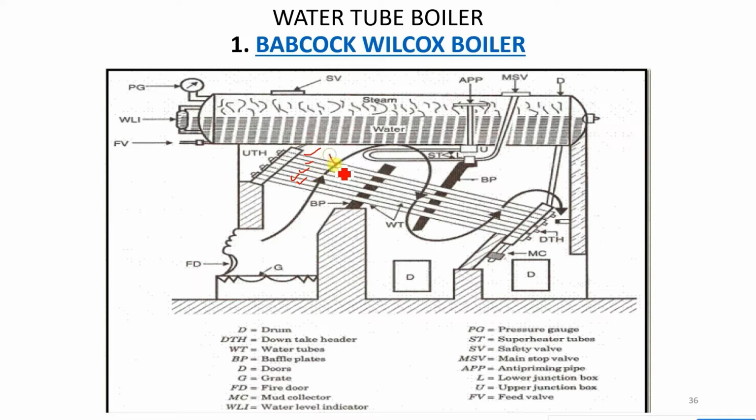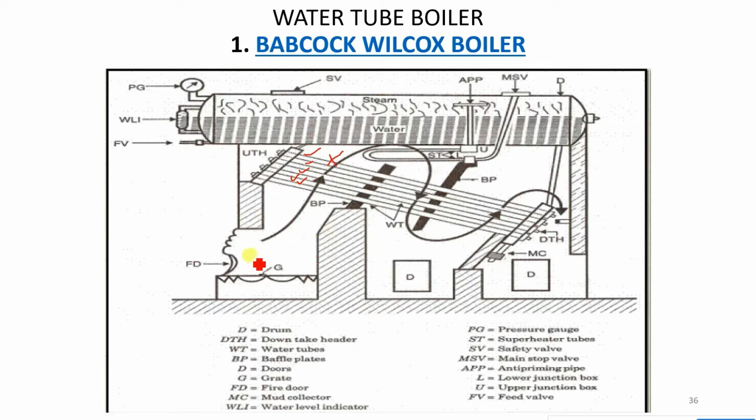If this water tube is damaged, you can change only this one. Therefore, headers are provided. You can remove the upper header and lower header, downtake header and uptake header, and you can change the water tube. Also, through the header, cleaning of the water tubes can take place.